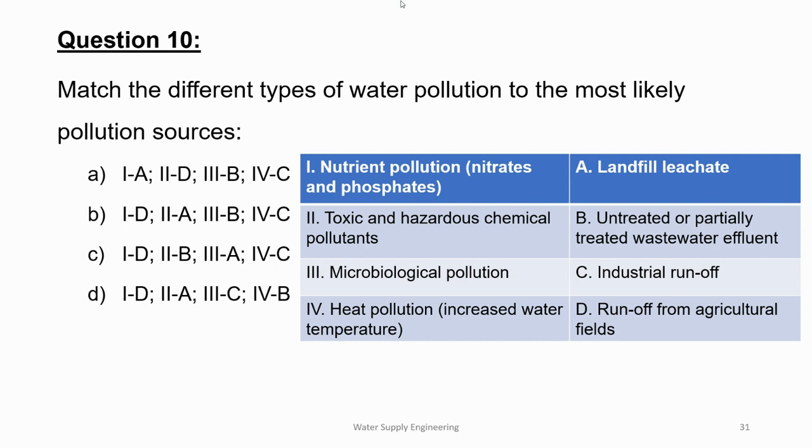Question number 10. Match the different types of water pollution to the most likely pollution sources. Option A 1A, 2D, 3B, 4C. Option B 1D, 2A, 3B, 4C.